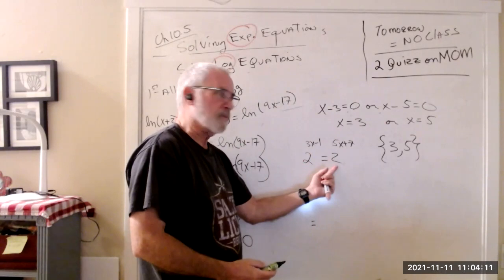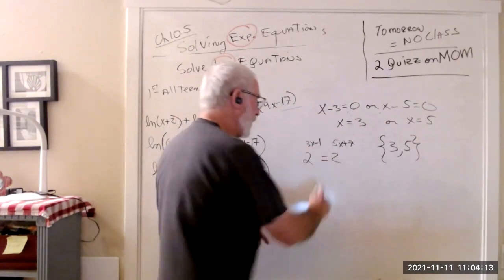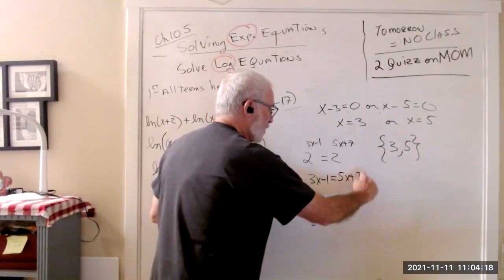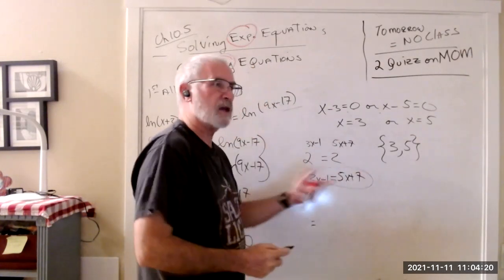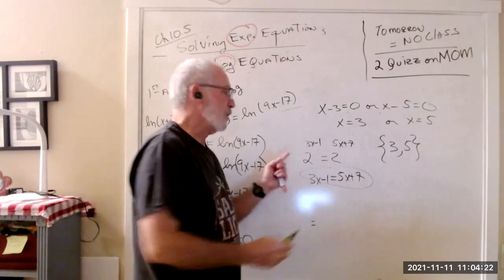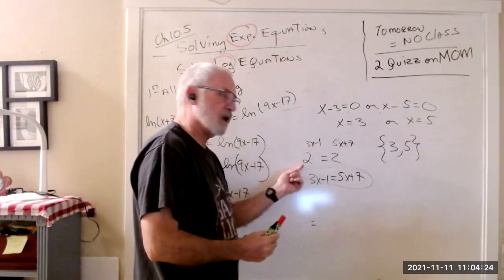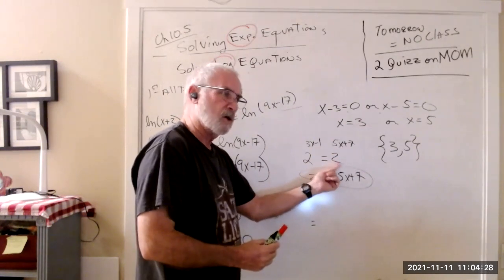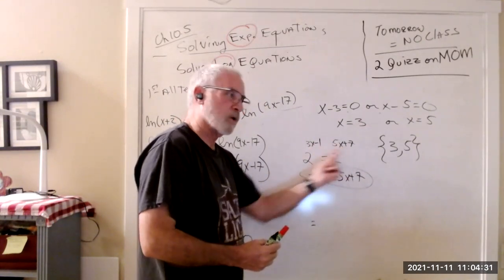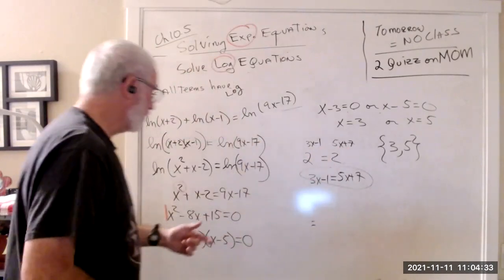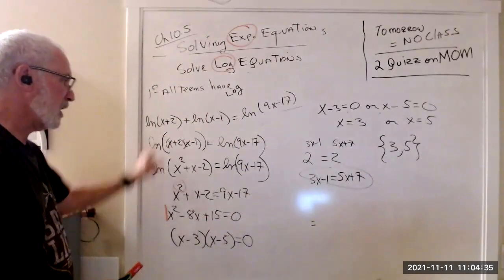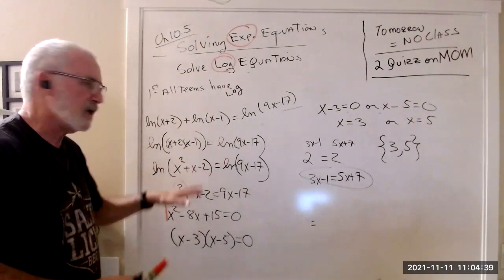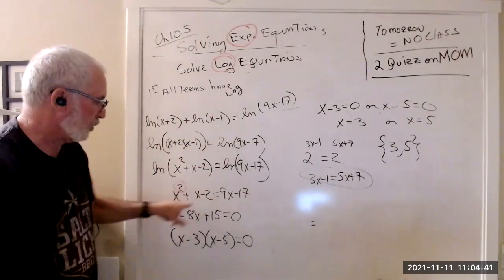When they were the same base, we just dropped the base and went 3x minus 1 equals 5x plus 7. So we're doing the same thing. When we condense this down into same exponential base equals same exponential base, we drop the base and work only with the powers. Here, when we have the same ln equals the same ln, we drop the ln's and just work with whatever was inside.